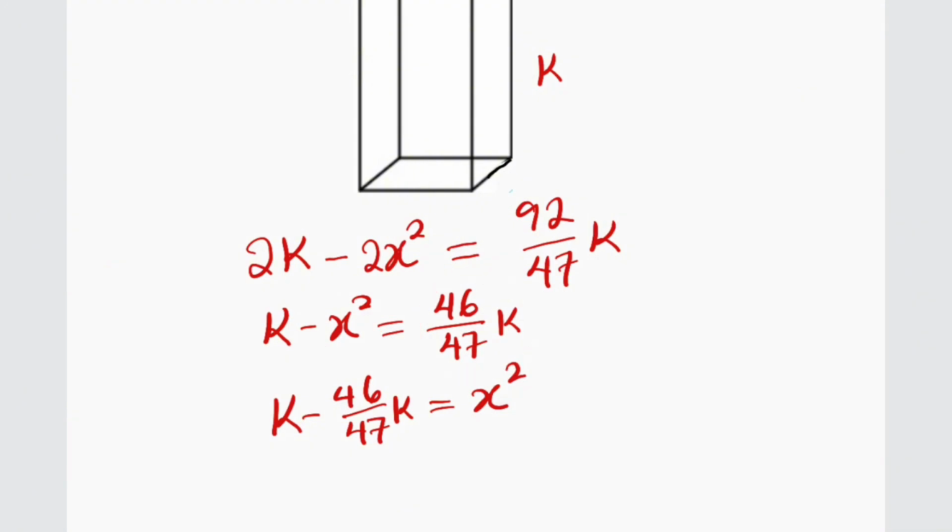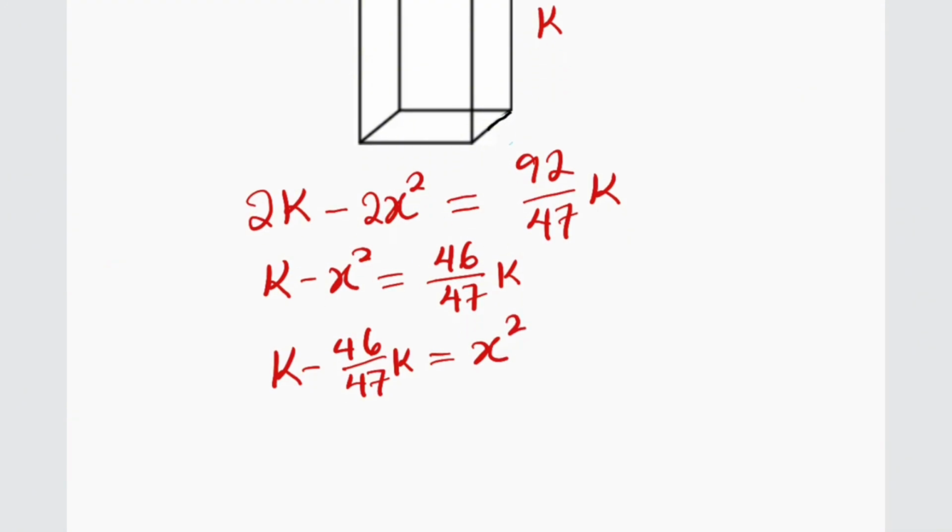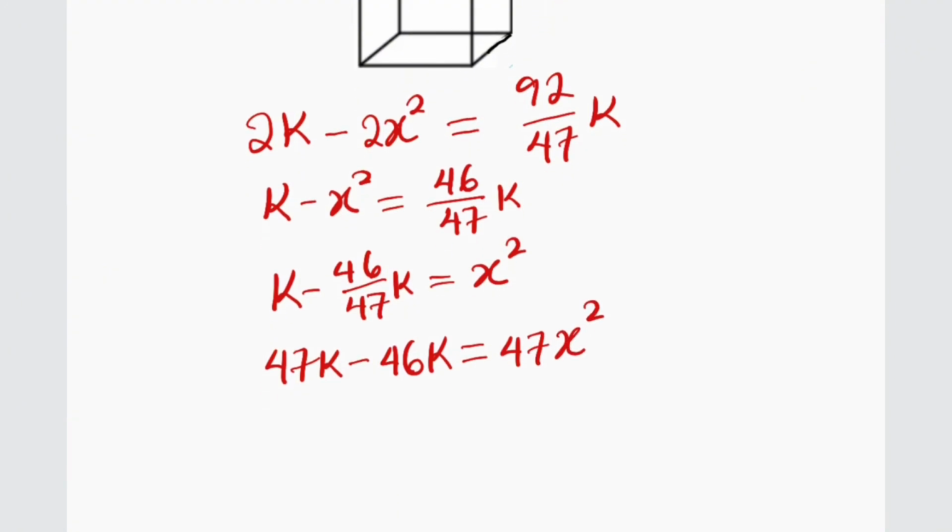I would like to multiply every single term by 47 just to clear the fraction. k times 47 is 47k minus 46k. This is equal to 47 times x squared, that is 47x squared. On the left hand side, 47 minus 46 is 1, so we have only k. This is equal to 47x squared. So this is what we have as the value of k.